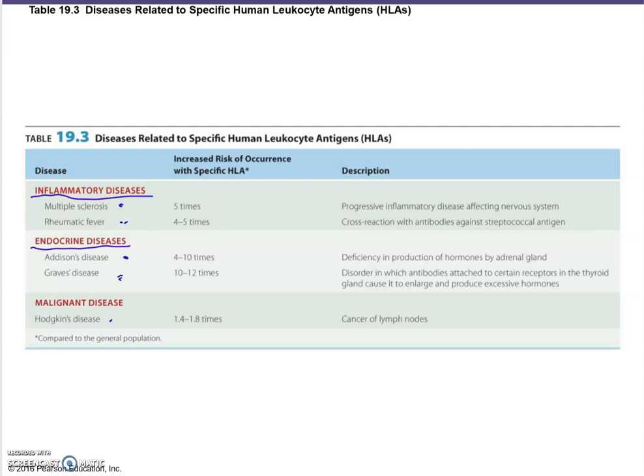And then Graves' disease, we already had that one. That is hyperthyroidism, where you're making antibodies that are mimicking the effect of TSH, thyroid stimulating hormone. And then here's also the malignant disease that's related to HLA antigens. So that's Hodgkin's disease right here.